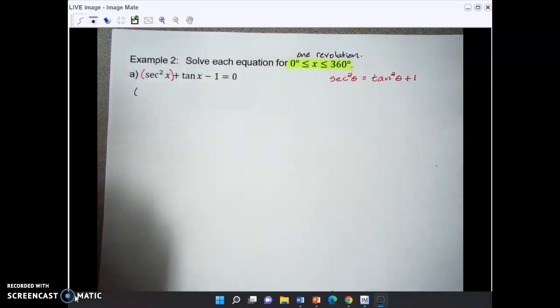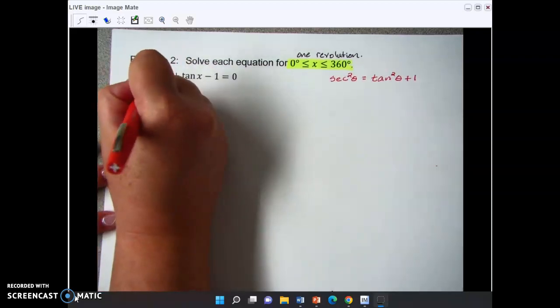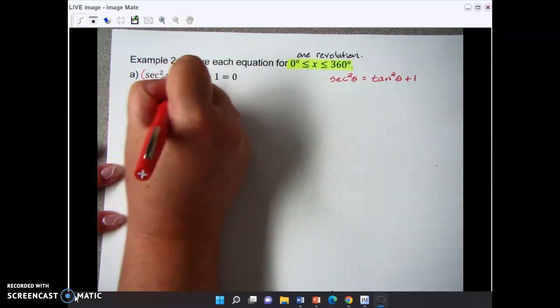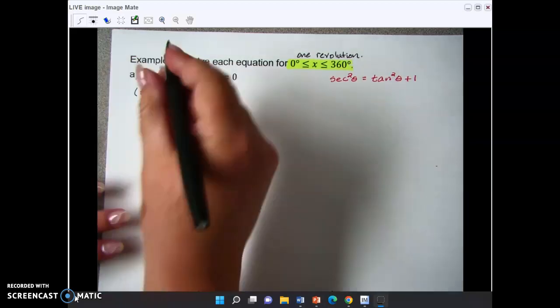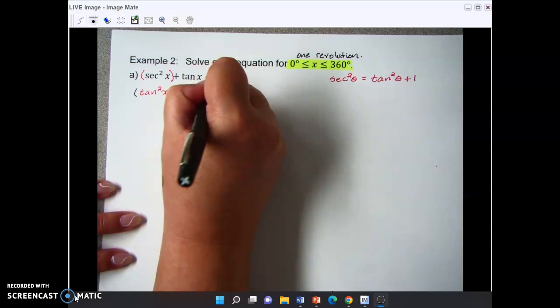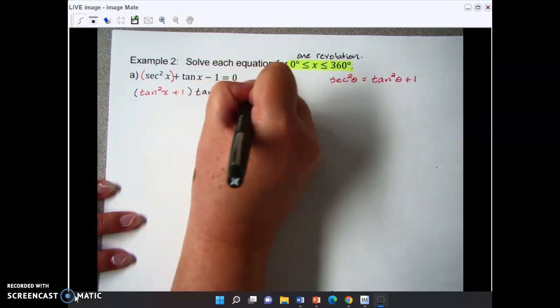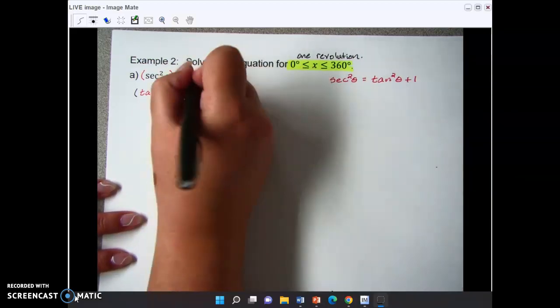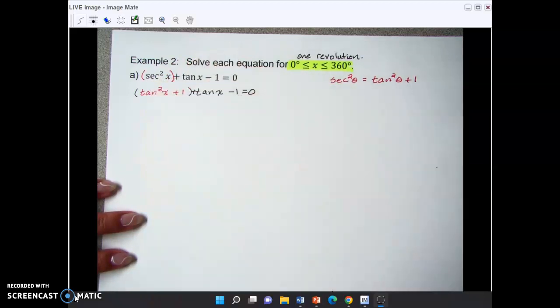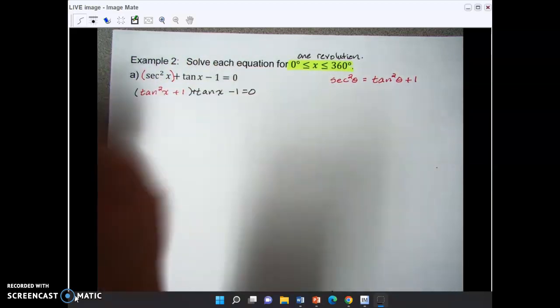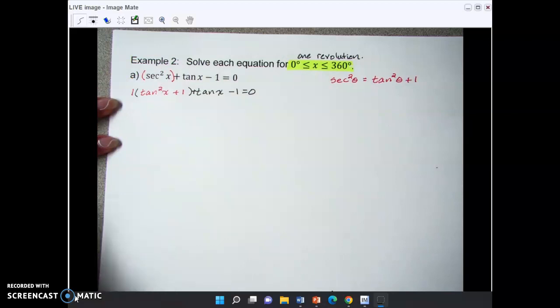So I'm going to say tangent squared of theta plus 1, or tangent squared of x, I should say, plus 1. And then we're going to say plus tangent of x minus 1 is equal to 0. I should say plus right there. Sorry about that. So if I have an invisible 1 in front of my parentheses, I can just drop the parentheses.